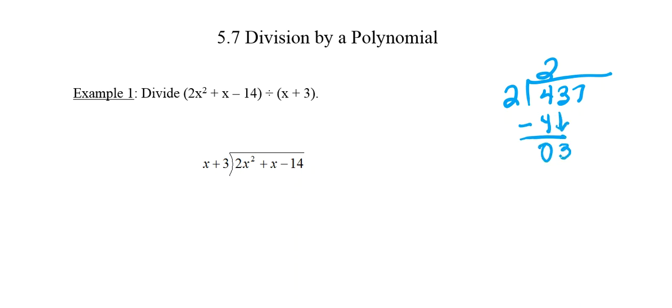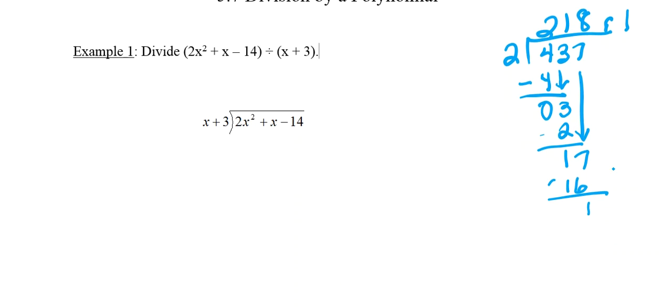Brought down the 3. 2 goes into 3 once. 1 times 2 is 2. 3 minus 2 is 1. Bring down the 7. 2 goes into 17 8 times. 8 times 2 is 16. Subtract, and I have a remainder of 1. This is the process we're going to do. We're just going to do it with variables instead of just numbers.